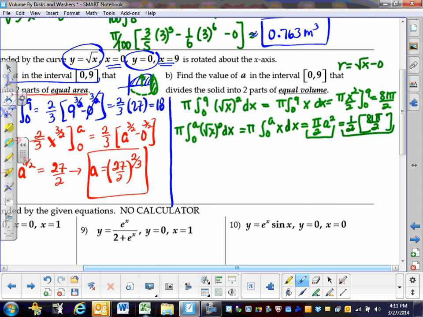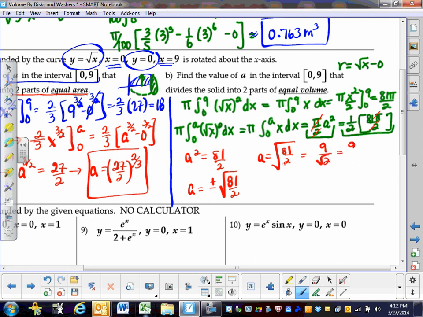What's really nice about this is this pi over 2 is going to cancel with this pi over 2. That leaves me with A squared equals 81 over 2. A technically is plus or minus the square root of 81 over 2, but we have to find a value inside this interval. So inside that interval means I can only have A equal to the positive square root of 81 over 2, or positive 9 over the square root of 2, or positive 9 root 2 over 2. On a free response, I would stop there.